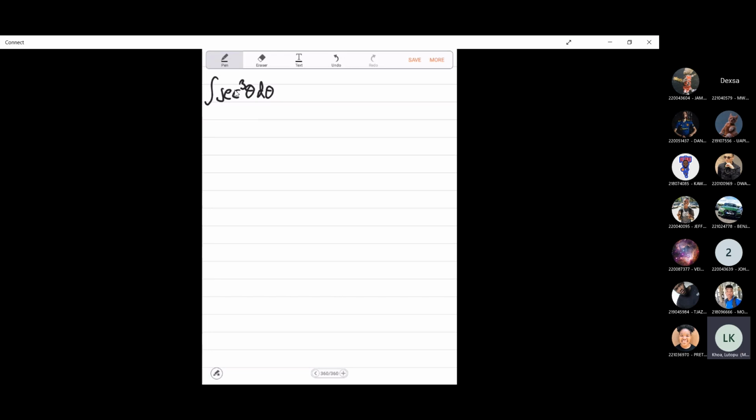Okay, and then sec to the power of 3 of theta, we said we will have to rewrite it as sec squared times sec. So this is the integral of sec squared theta times sec theta d theta. And then sec squared is 1 plus tan squared.